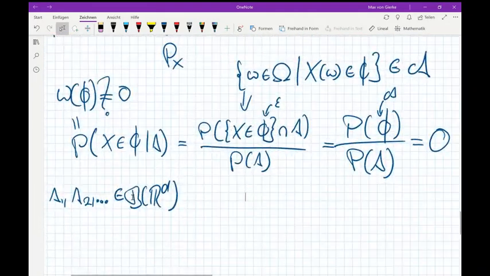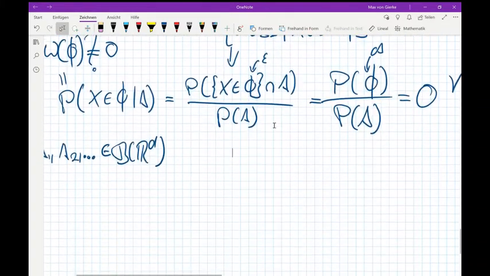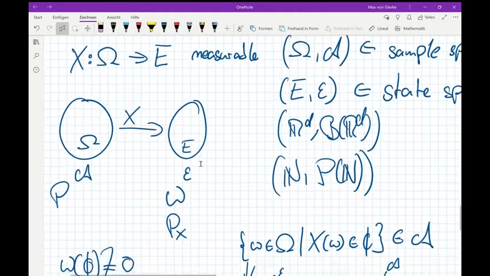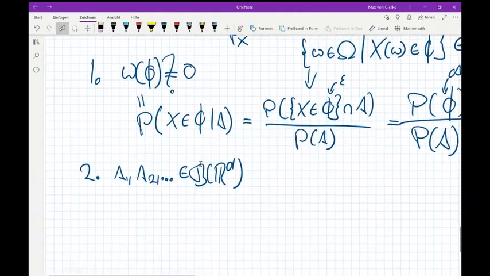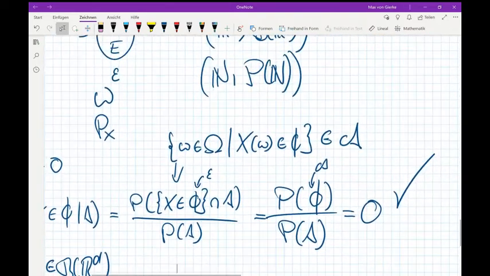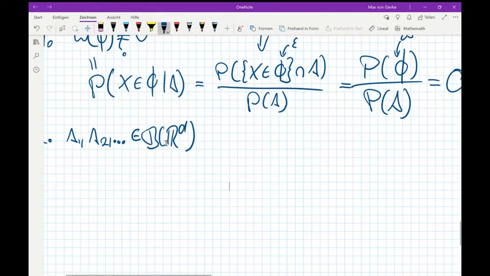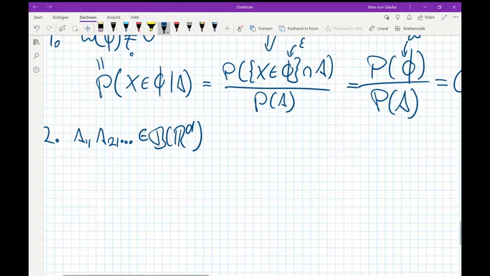W is a measure on this measurable space, and A is here on this measurable space, so we can't compute elements of A with W. So we look at a sequence in the sigma field of our state space E here, and this is its sigma field, where the sets have to be pairwise disjoint.